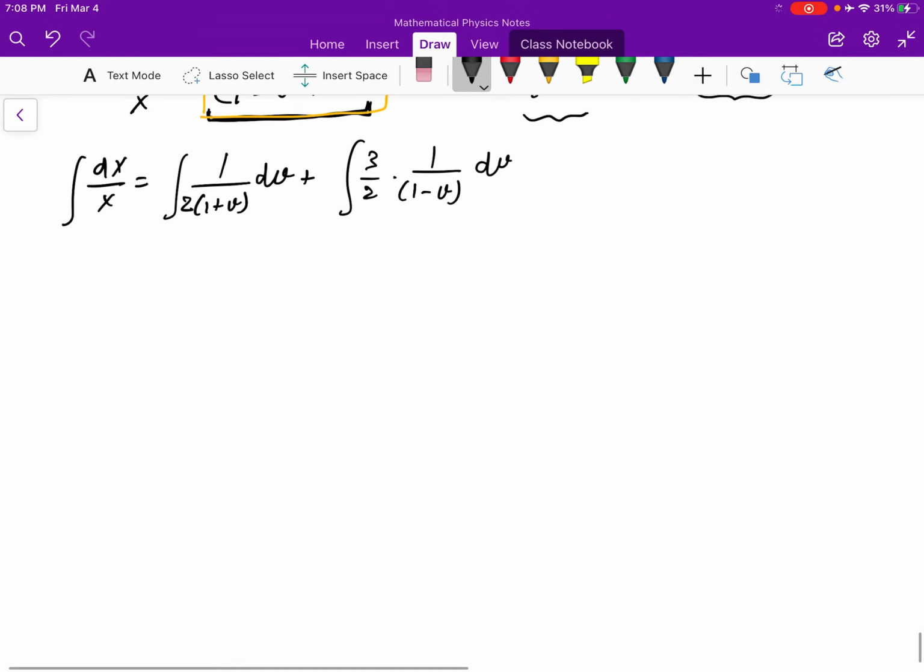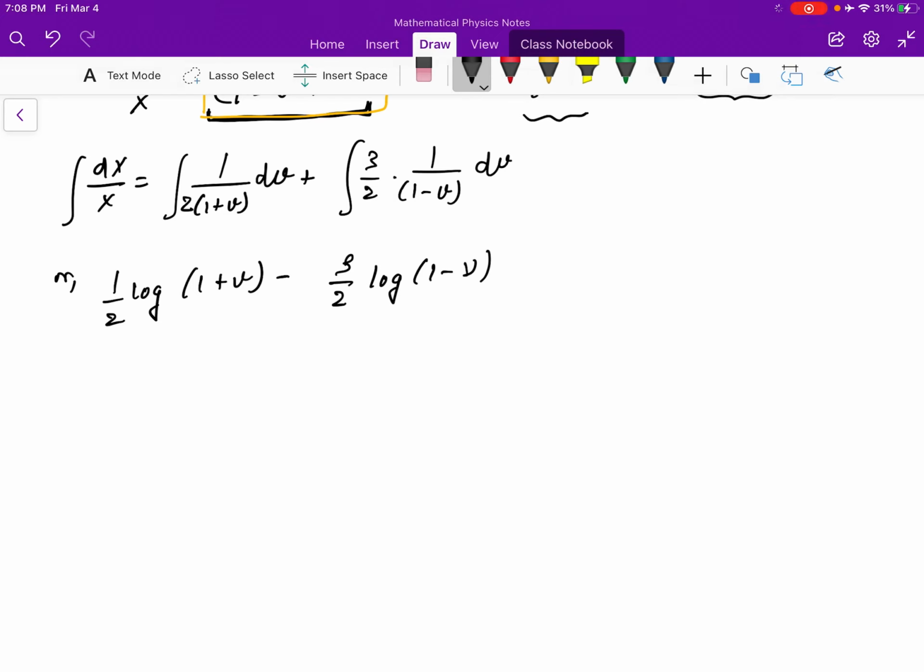Upon integration, we have the following form, and again, I encourage you to do these integrations all by yourself. These are very simple integrations, not complex. All right, so that is equal to log of x plus log of c, and that's the constant.